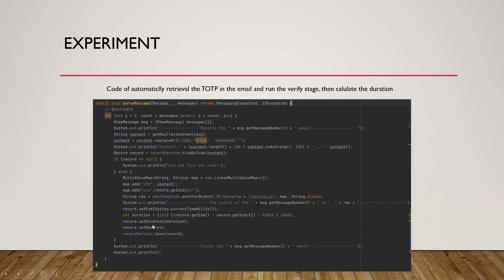And this is to calculate the durations: we use the end time minus the time that we generated the one-time password and minus 5,000. The 5,000 is because the system runs every 5 seconds, and divide by 1,000. And we will save the durations and the result in the record tables as well.